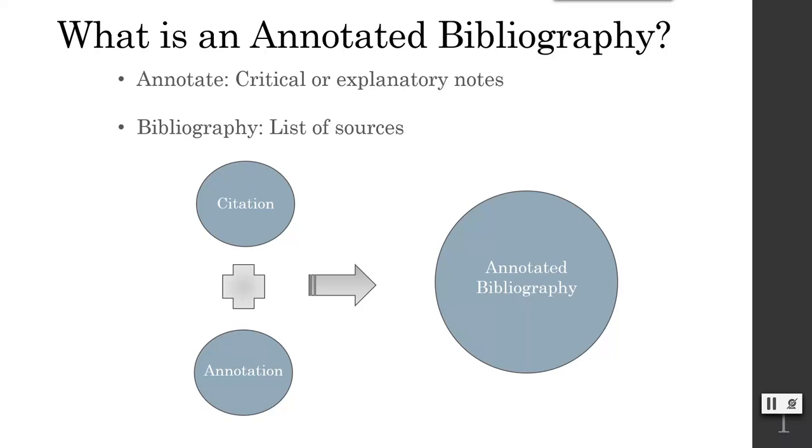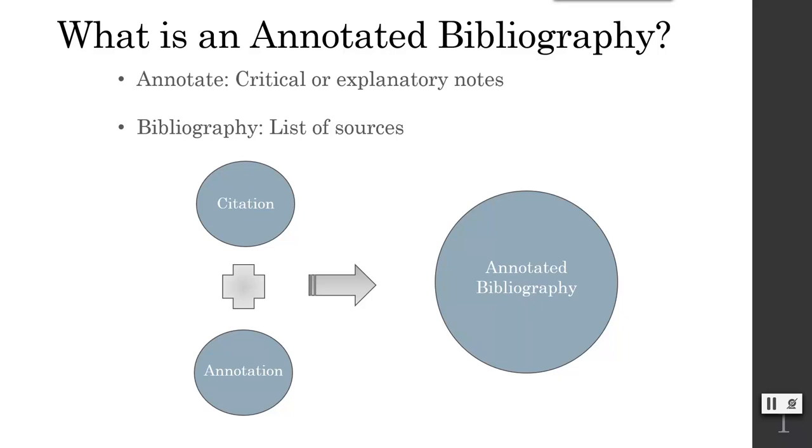An annotated bibliography is a note that is explanatory or critical or evaluates an information source, and also gives the citation for that individual information source.